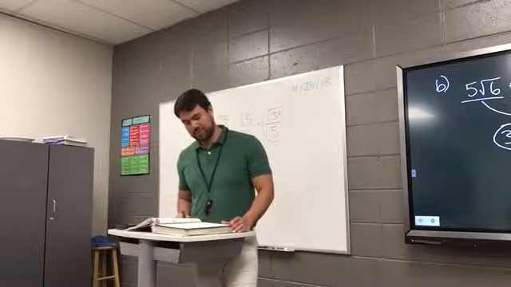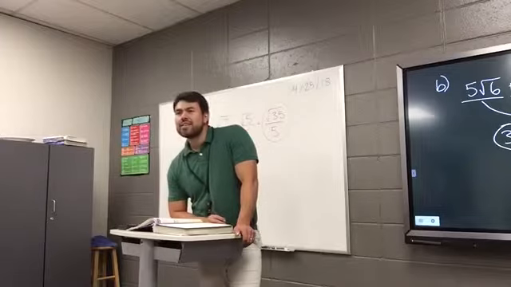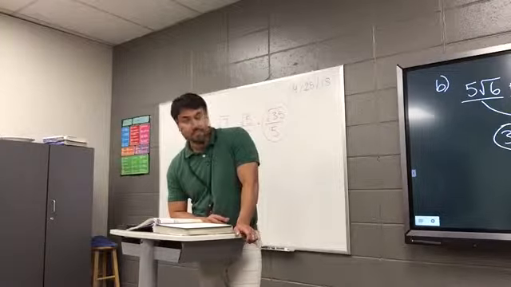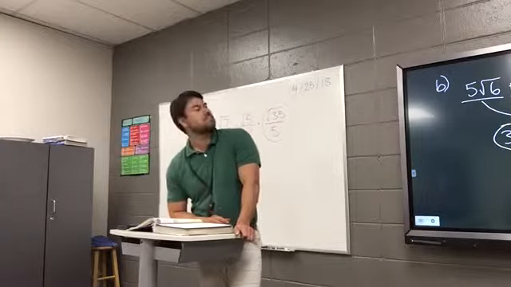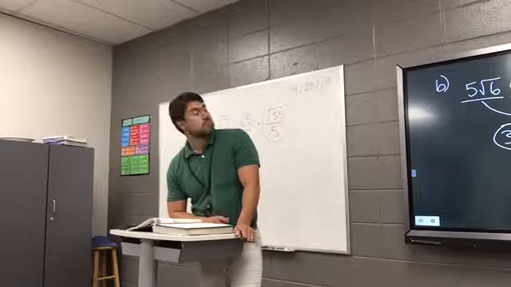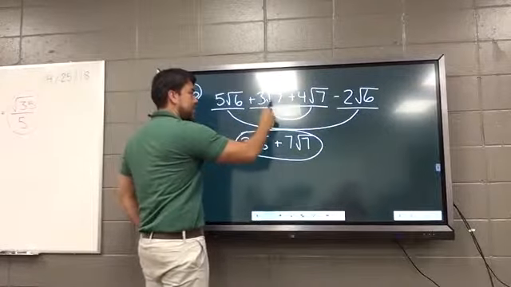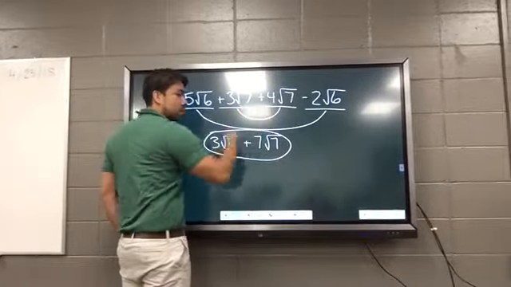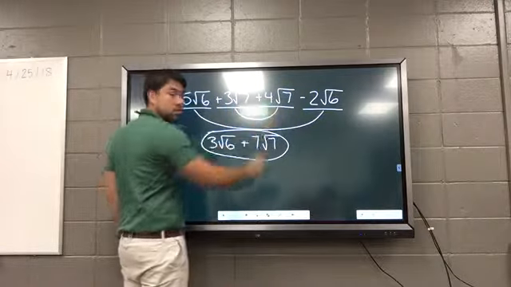Okay, Benson, go ahead. If the numbers on the outside are being multiplied by the number inside the square root, why don't you multiply the numbers on the outside when instead you're adding them together? Okay, let me just take these two. And you're saying these two are being multiplied and those two are being multiplied, right? So why don't you multiply these two or multiply those two?